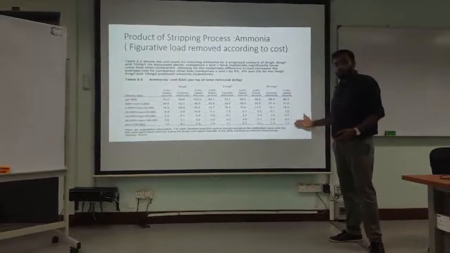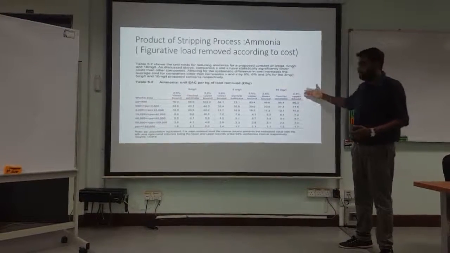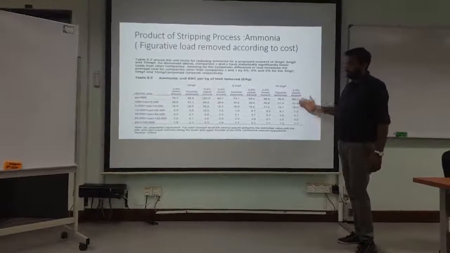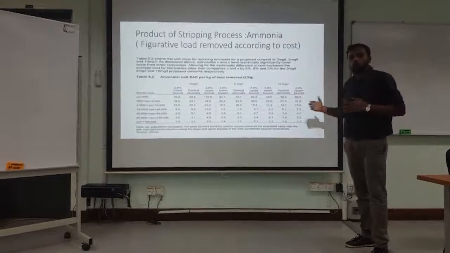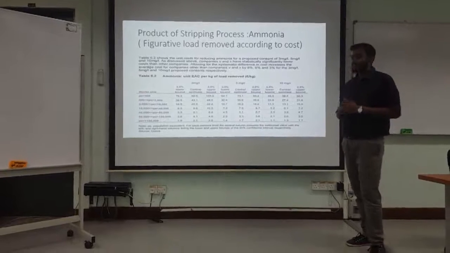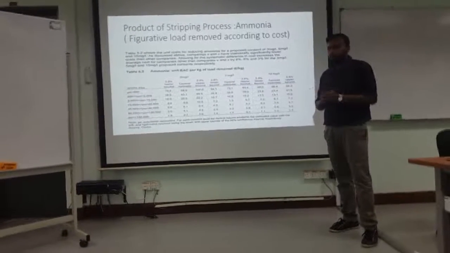These are the figures for how much load is removed per kg, shown in pounds. The source of this data is Auxera, a company from the UK which is very good at wastewater refurbishing, including ammonia stripping, phosphorus, nitrogen, and many more.